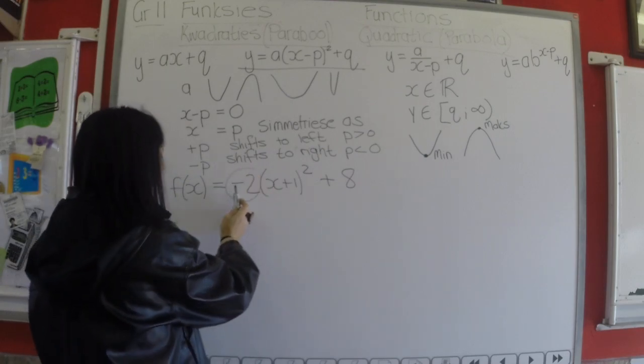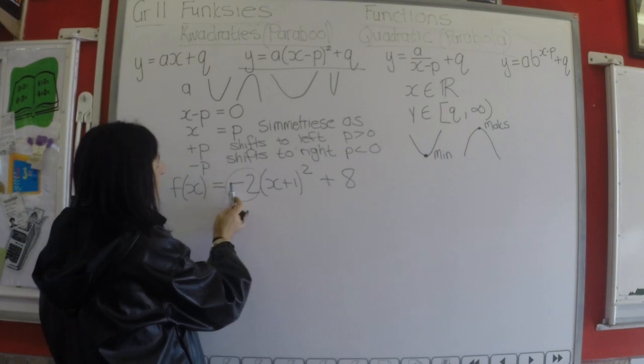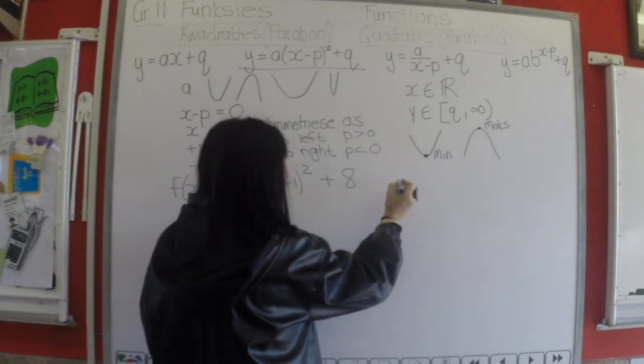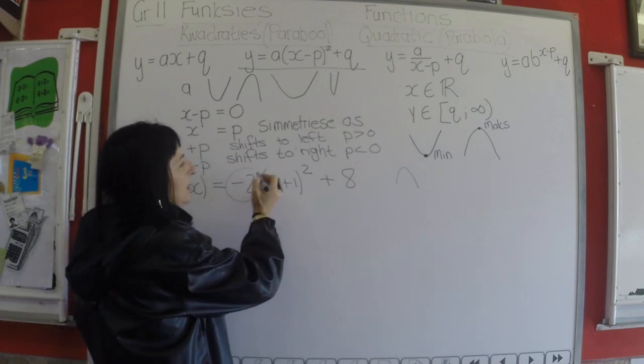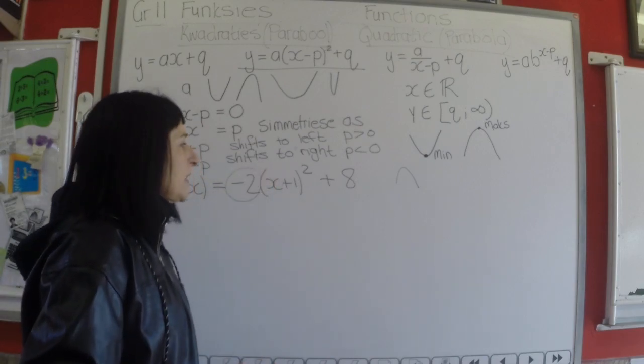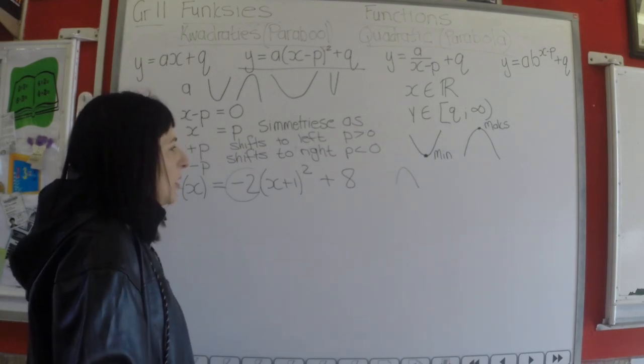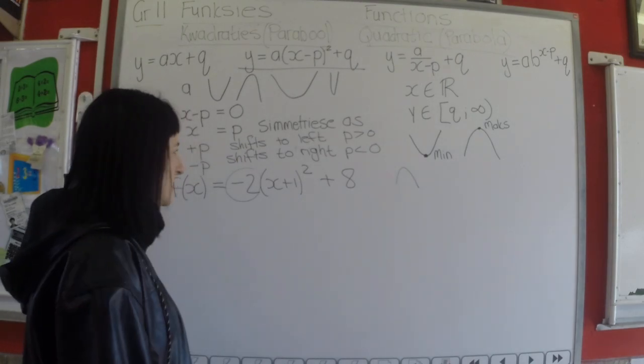We can say that because it's a negative a, we know it's going to be a sad face. Okay? It's the value 2, so die bene van hierdie parabool gaan nader aan mekaar wees as wanneer dit 1 is.